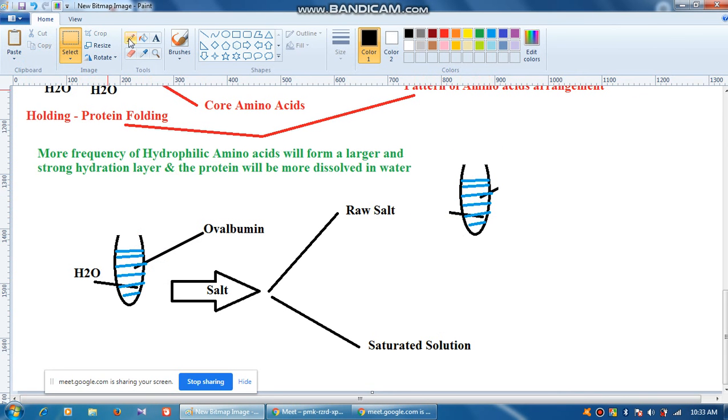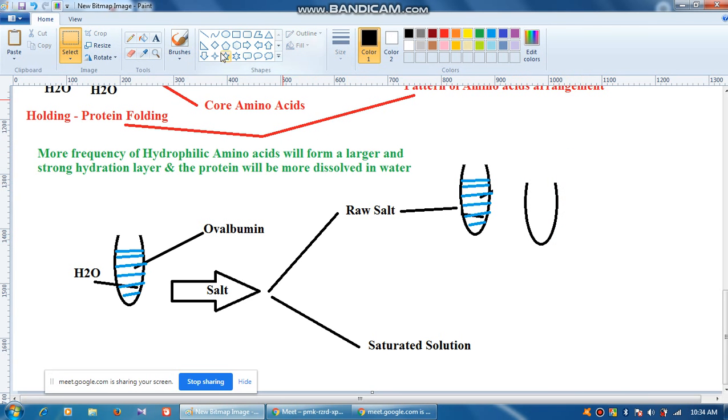Raw salt you have added. So since you have added raw salt and you are trying to see the effect, we will take one more test tube. The drawings are not very good, but you can understand.